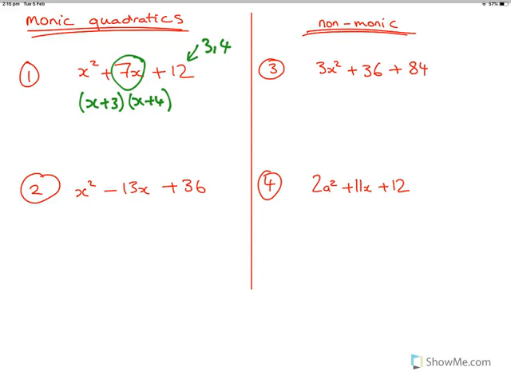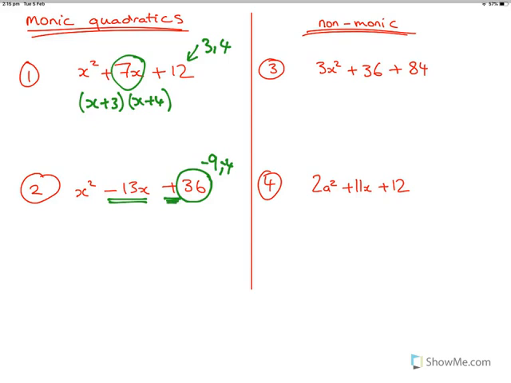Next one, we're looking at the factors of 36 that give us minus 13. Now this one's a bit trickier, but I'm looking at 36. I'm thinking 9 and 4, but I need to get negative. 9 times 4 is 36, so let me write that down. I'm thinking negative 13. But what if I went minus 9 and minus 4, because minus 9 times minus 4 still gives us a positive answer.